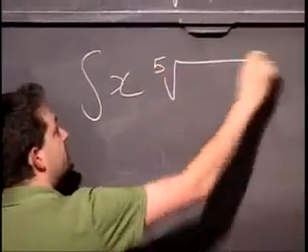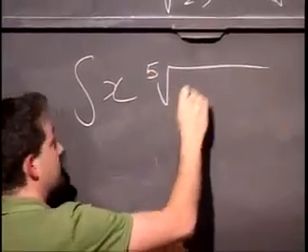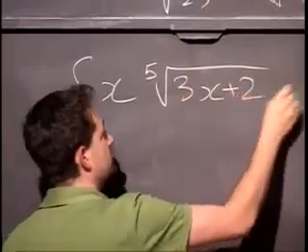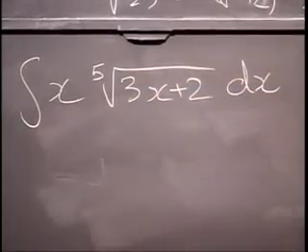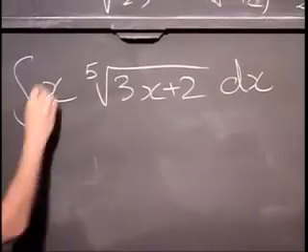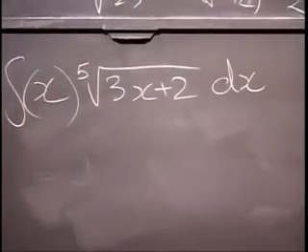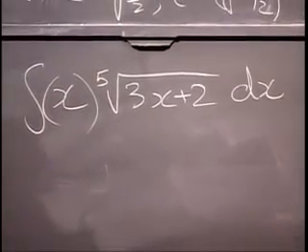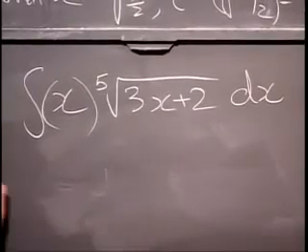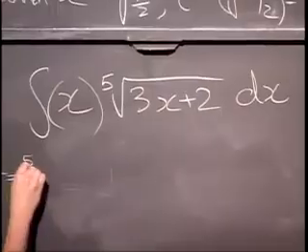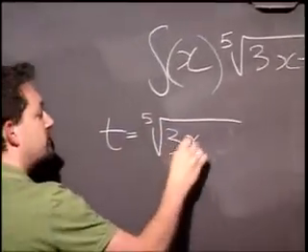Suppose I want to integrate x times the fifth root of 3x plus 2. Seems a bit messy. Just to clarify, this is not x to the fifth. This is x times the fifth root. Okay, so according to the prescription here, let t be the fifth root of 3x plus 2.